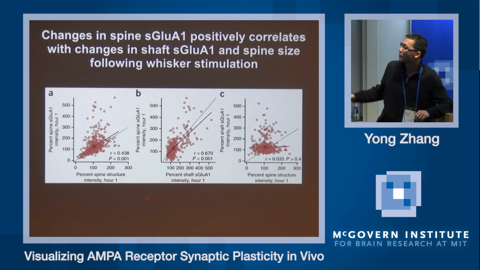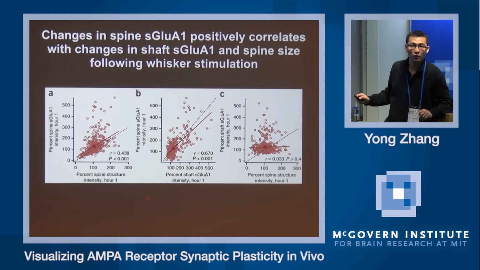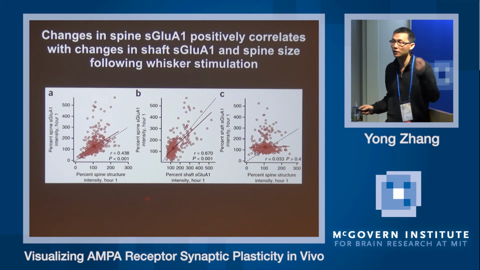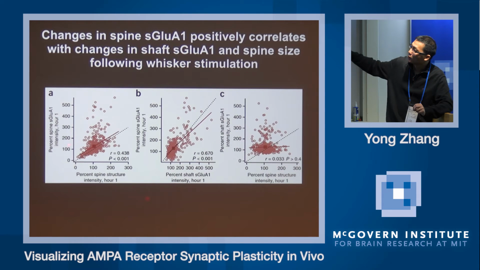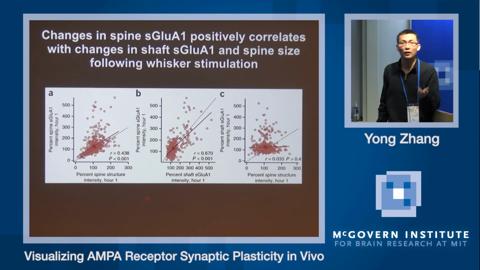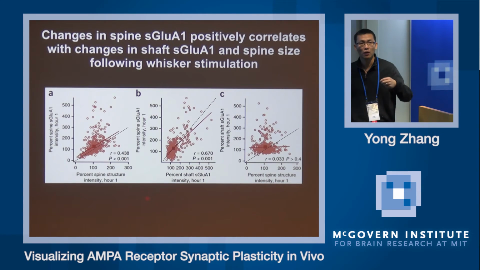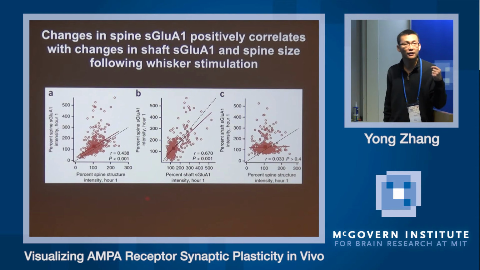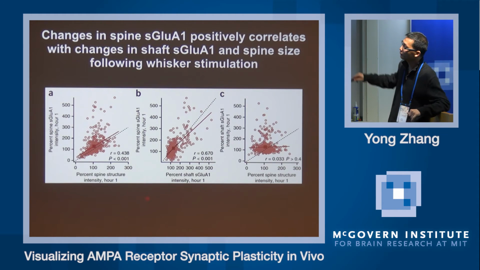What this means is that although there is a good correlation between the changes for these two parameters, when we look at individual spines, the spine surface AMPA receptors always change more than the spine size. In other words, after whisker stimulation, we might detect a change in the density of the spine surface AMPA receptors.